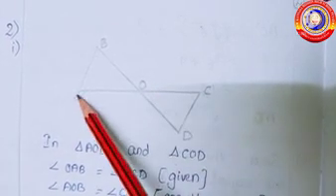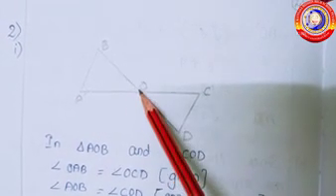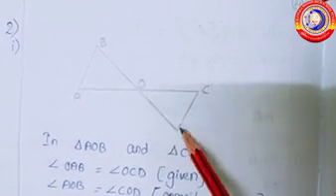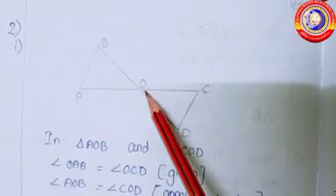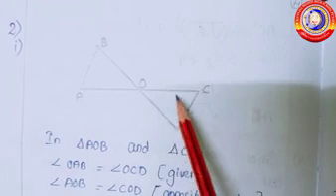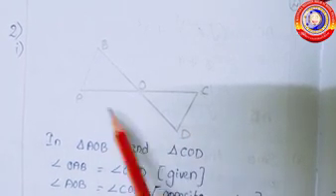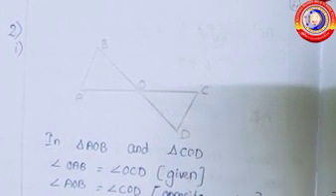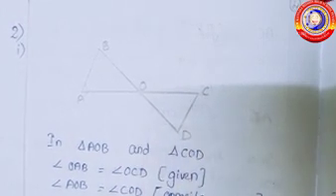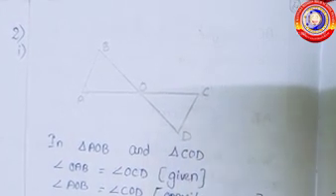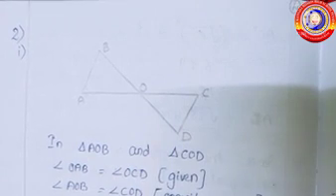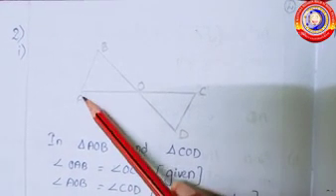Then we can say that angle ABO is equal to angle CDO. The reason is, if two angles of a triangle are equal to two angles of another triangle, then their third angles are also equal. So the angles of triangle AOB and triangle COD are equal.